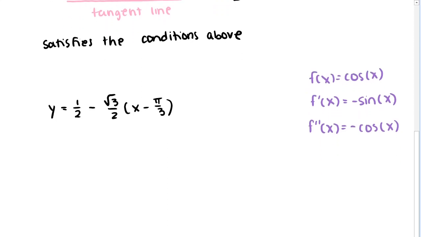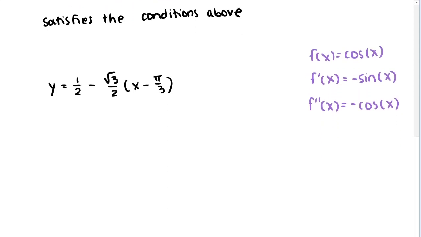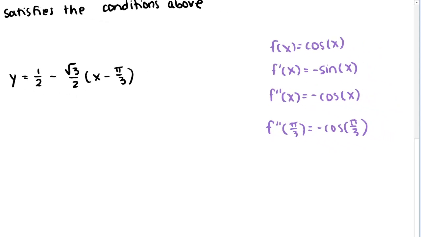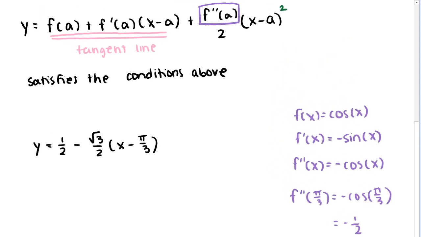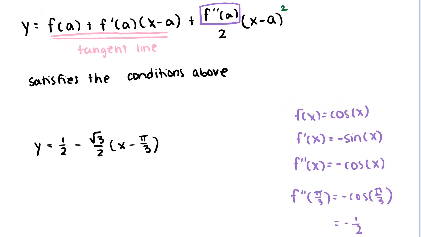And so we want to evaluate f double prime, our second derivative, at pi over 3. We want this function to have the same second derivative at pi over 3. So here this is negative cosine of pi over 3. We already evaluated cosine of pi over 3. We saw that that was 1/2. So what we get out of this is negative 1/2. And so our formula above says that we have the second derivative evaluated at our x value.